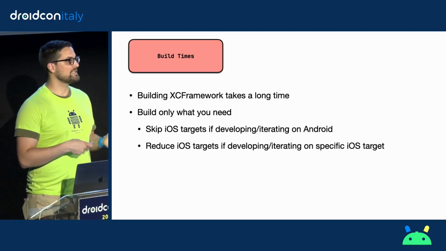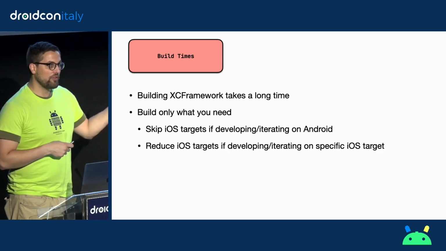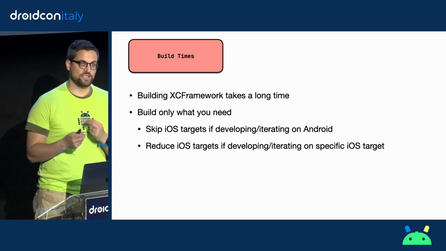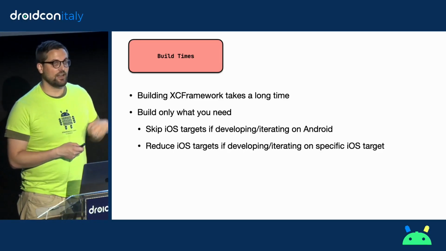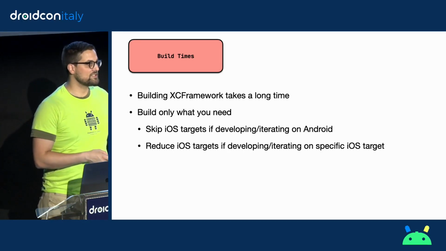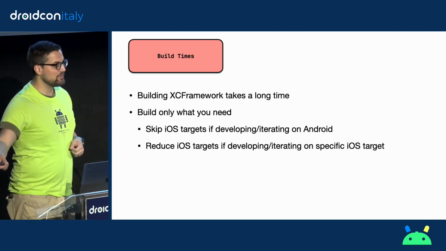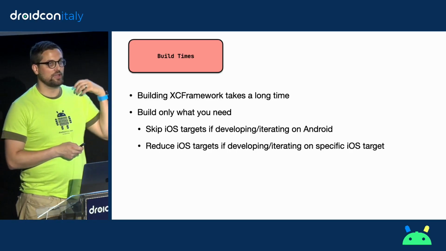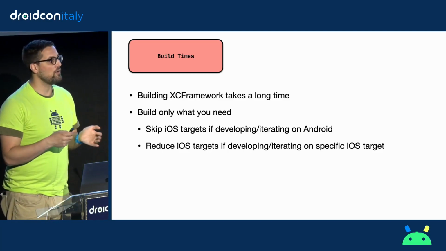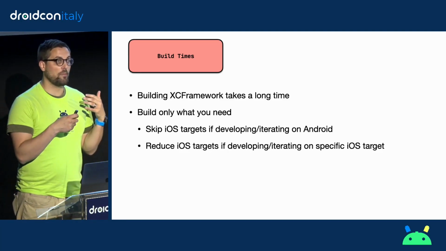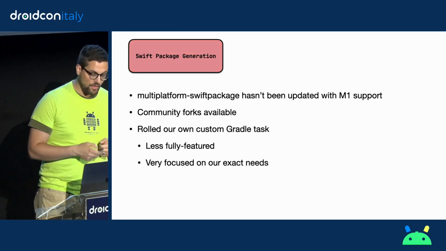So we can add a flag, skip iOS, and we will skip all the iOS targets, so our build is really speedy. If I do want to test on iOS, I don't need to test on every iOS target all at once. So I can say, just build the simulator target or just build the ARM64 target and skip all of the rest. So again, cutting down those variants is a big win.